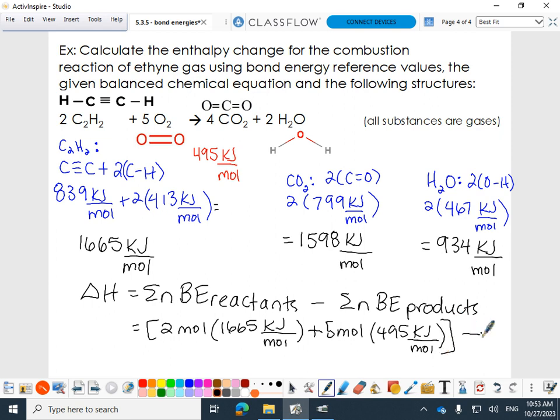Minus the 2 products. So I have 4 times the bond energy inside of, what's that called? Carbon dioxide. And 2 times 934.